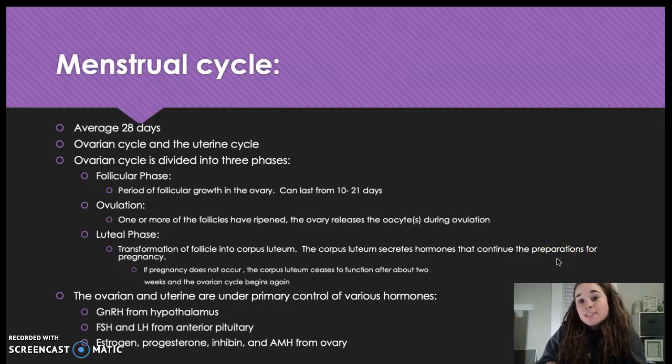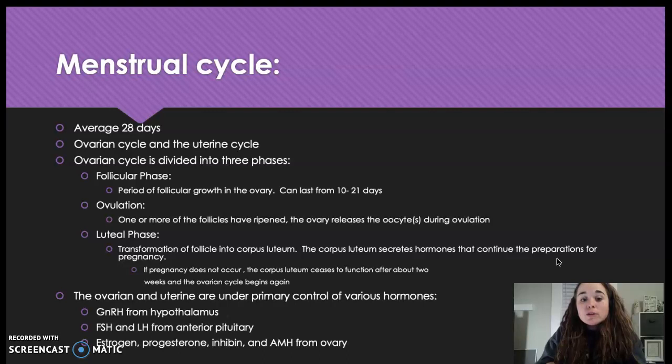However, if pregnancy does not occur, the corpus luteum ceases to function after roughly 2 weeks, and the ovarian cycle begins all over again.